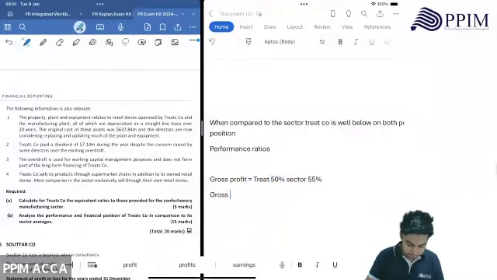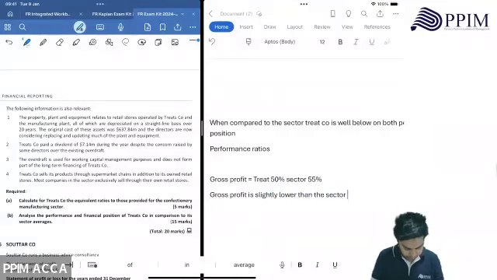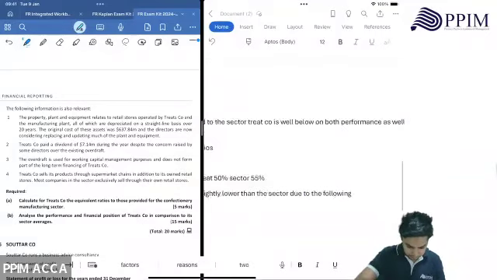The gross profit is slightly lower than the sector due to the following reasons.